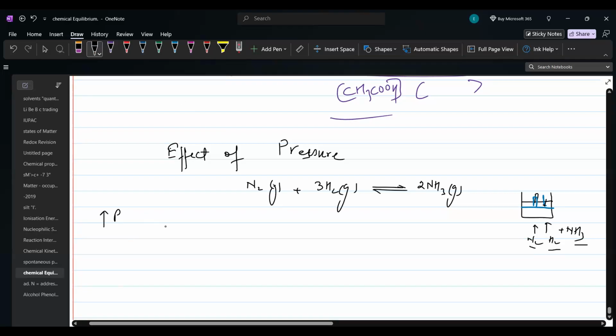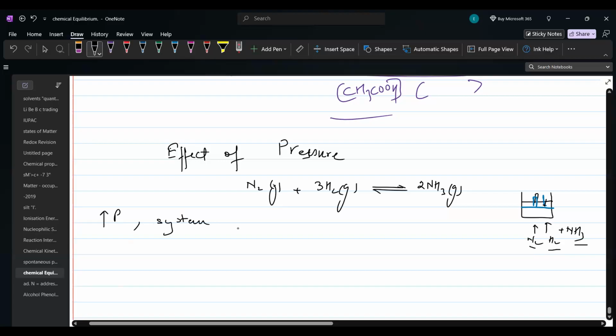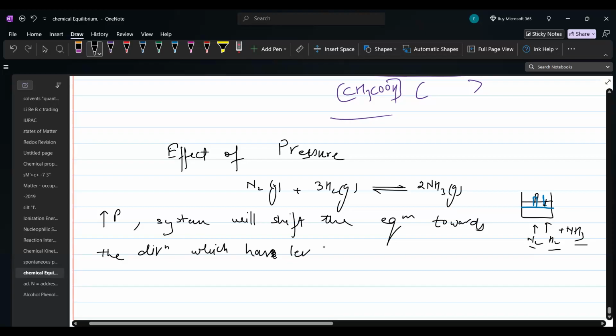When we increase the pressure, the system will shift the equilibrium towards the direction which has less number of moles of gas.